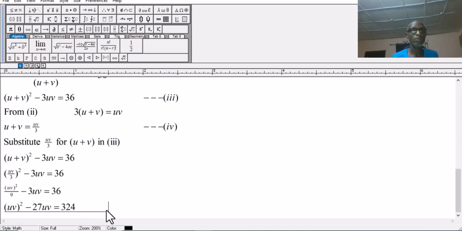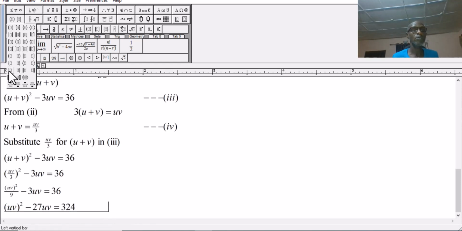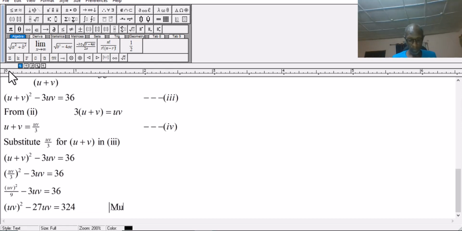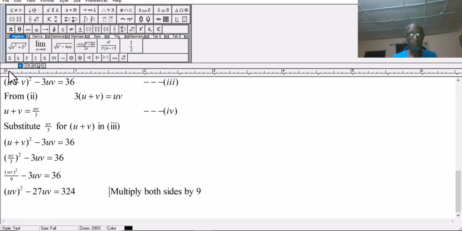So multiply both sides by 9. So that's what we have. So we can solve this equation. So this will be uv all squared minus 27uv minus 324 equals 0.